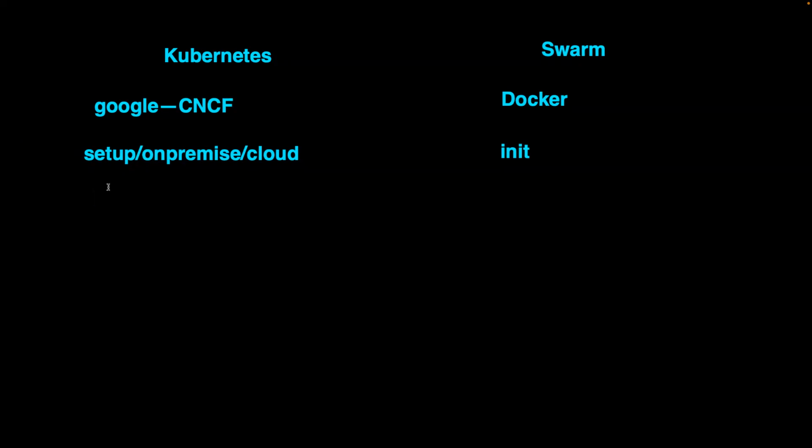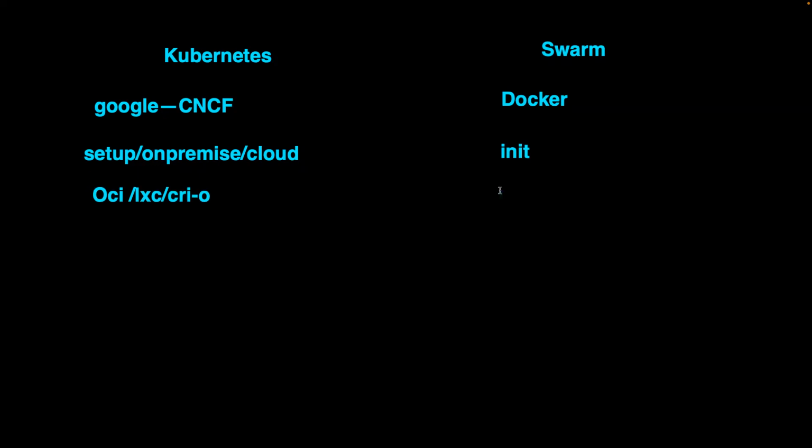Another thing is Kubernetes can manage containers from any runtime. What does it mean? We have different container runtimes. If you remember, we were talking about this: Docker, OCI containers, LXC containers, CRI-O, different container runtimes.